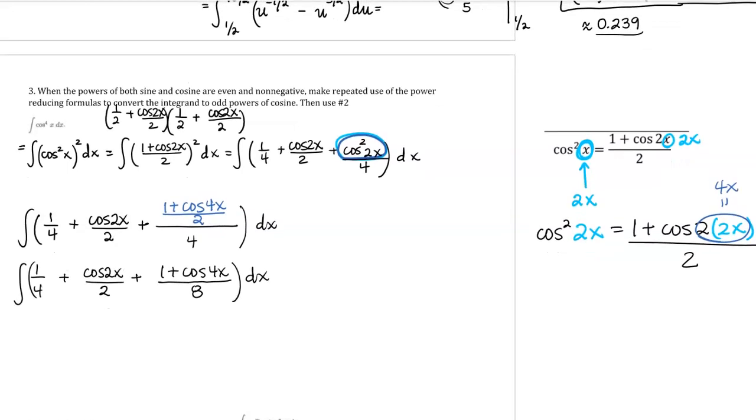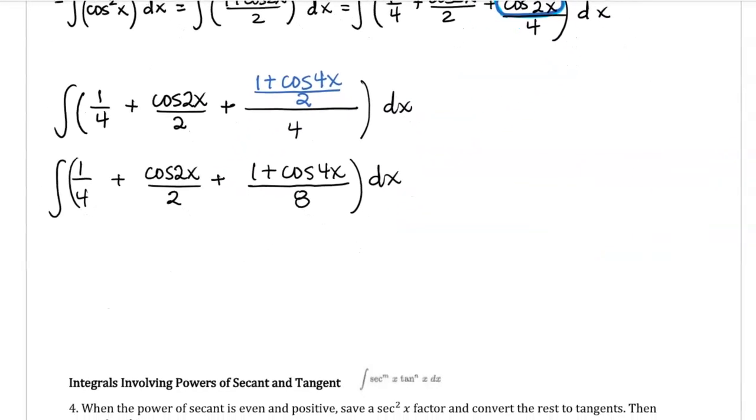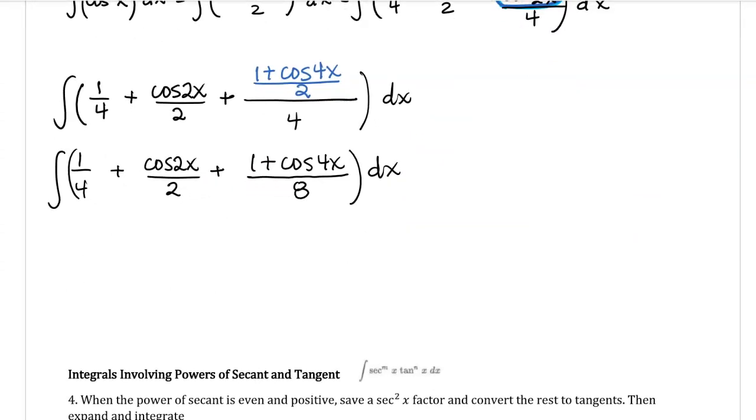Okay, so now we can break this up into 4 separate integrals. There's the integral of 1/4 dx. There's the integral of cosine 2x dx. Notice that there's a 1 over 2 there, I pulled that out. This third one can be separated into 2 separate fractions, and then the 1/8 pulled out.